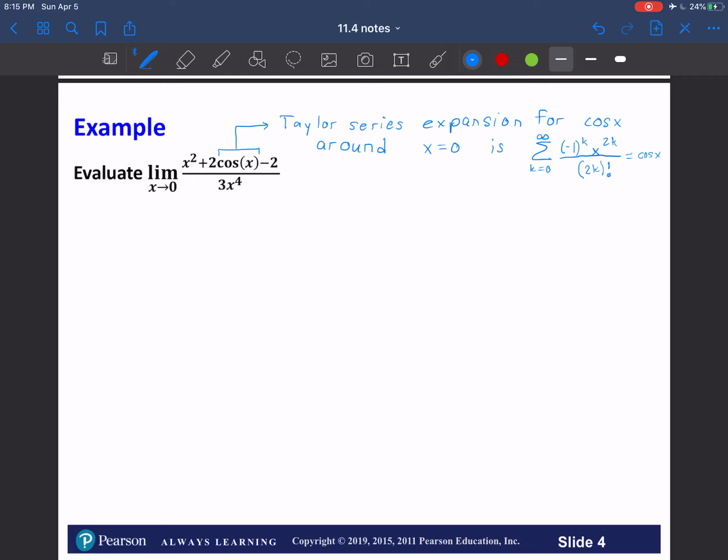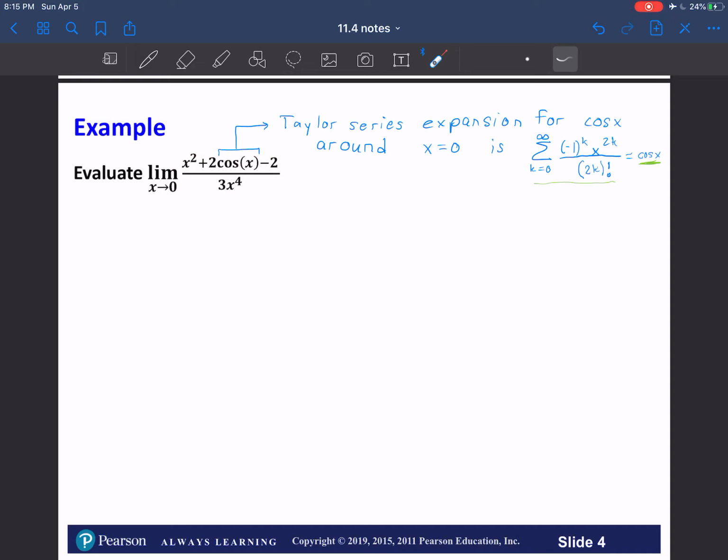Alright, so anyway, the idea is that we will use this substitution. We are going to replace cosine of x with this infinite sum. And that will give us some idea on how to compute this limit. So first of all, let's actually take a look at this limit before we start doing any formal calculation and ask ourselves why we would care to do this in the first place.